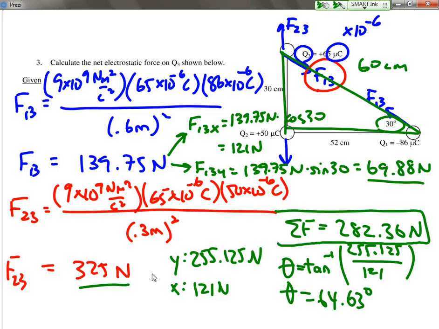So here's my final answer, which is quite complicated because of the fact that we have to use vectors, but you just have to remember how to break down vectors into their x and y components.